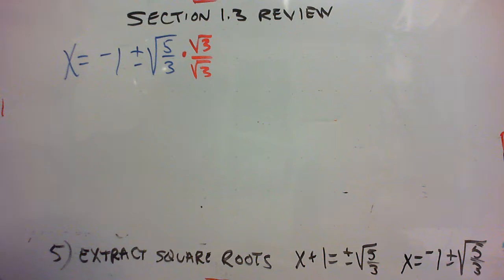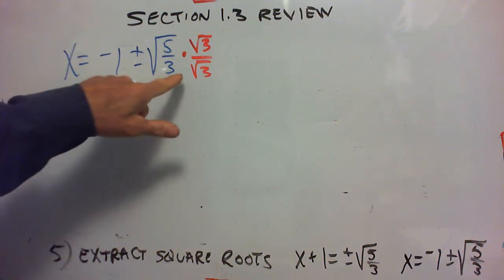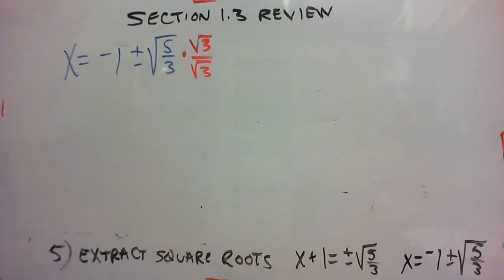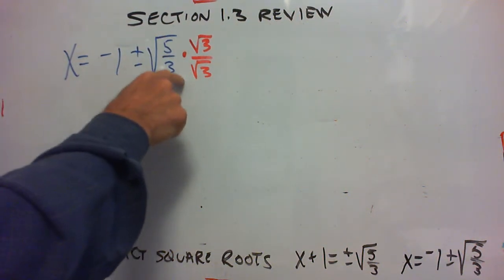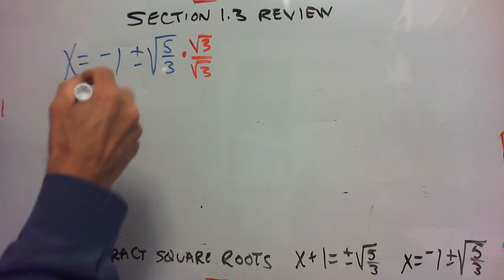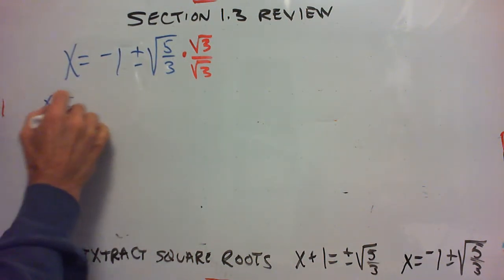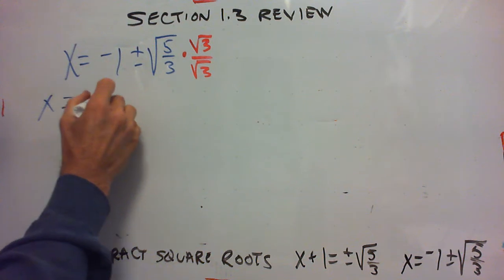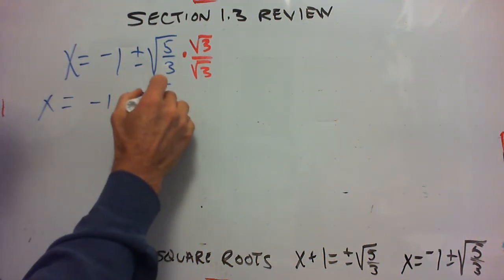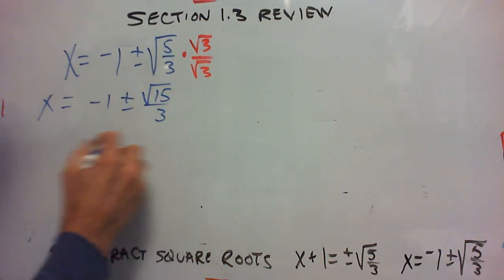Now as you do this problem, maybe you use some calculator to check it and you say, wait, that doesn't look like the answer they got. Well, we can rewrite that answer by rationalizing that denominator. Multiply by square root of 3 over square root of 3 gives us square root of 15 over 3.